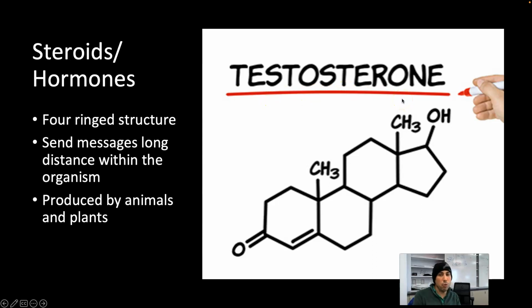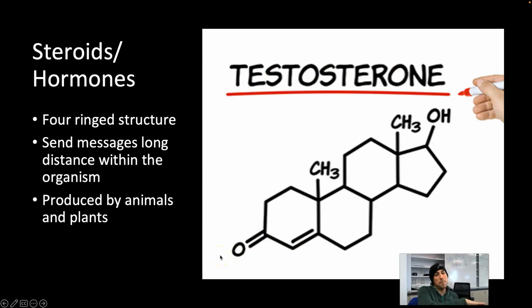Testosterone is a hormone. So hormones and steroids, what they do is they send messages, and you use the shape of them to bind to other cells. If you take AP biology, we'll get into the nitty-gritty of that. But these are sending messages to help the cell or different organ systems, different cells far away, talk to each other, communicate with each other.